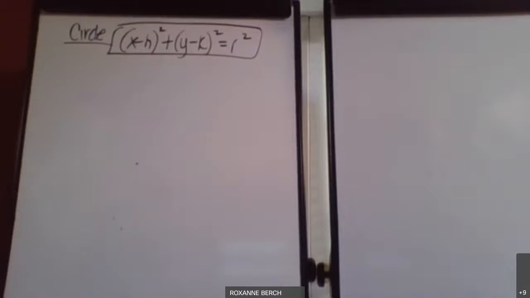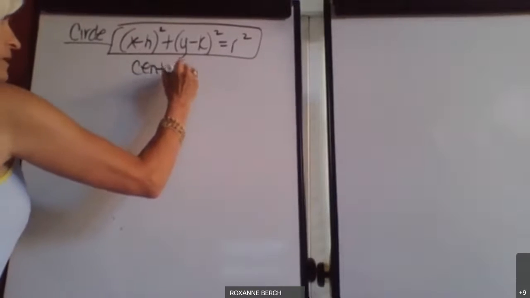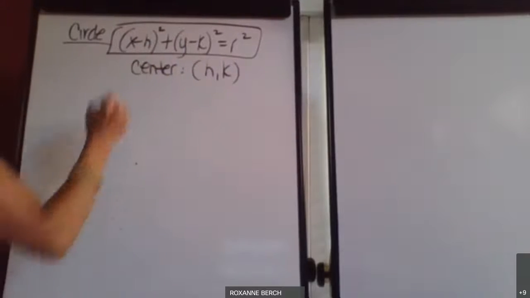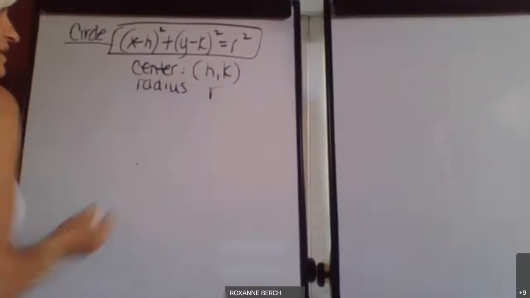And in order to graph the circle, all you need is the center, which is (h, k), so there and there, and the radius, which is r.